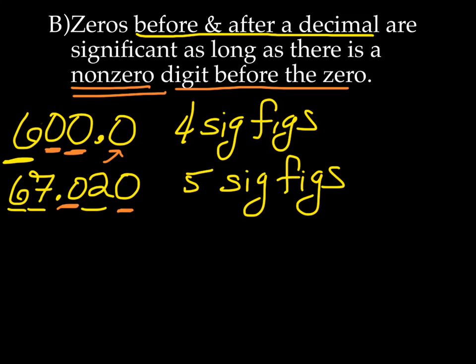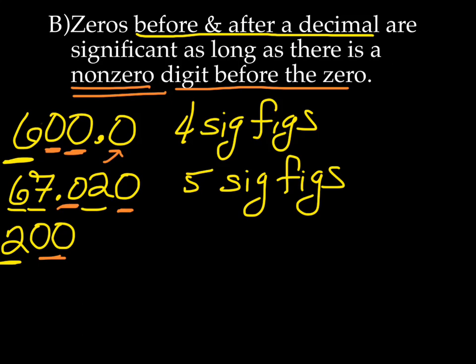All right, how about 200? The 2 is significant because it's a non-zero digit. What about these 2 zeros here? Are they between two non-zero digits? No. Are they before a decimal? All right, let's stop and think about this.